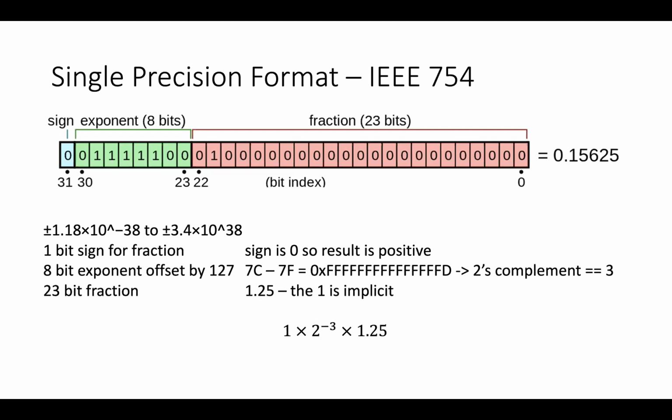We want to be able to represent both positive and negative exponents. The way they do that is a clever hack where you offset the value that's there so that the true value 0 is in the middle of the range.